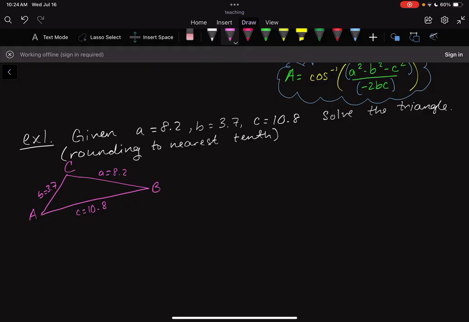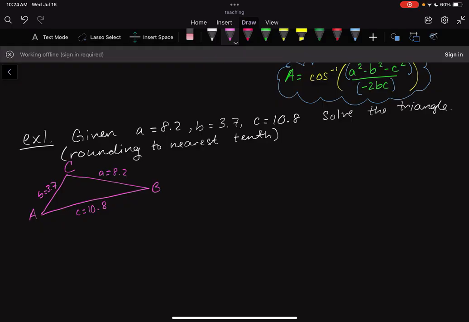So we can find whatever one we want first. The reason is because I'm not going to switch to law of sines. I'm going to stick with law of cosines and show you that there's no issue if you do that. So we can go find whatever we want.